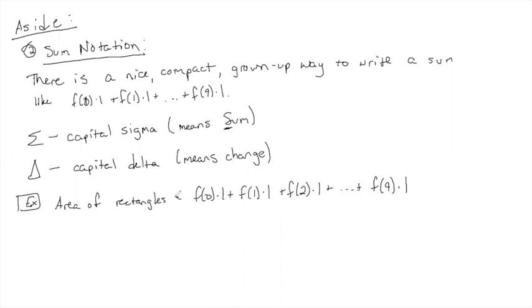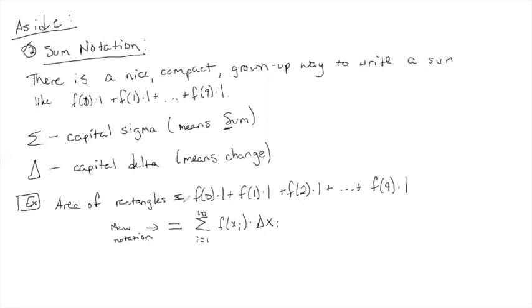Now, under our new notation, I'm going to write this as sigma, can't write a sigma either, sigma from i equals 1 to 10 of f of x sub i, times delta x sub i.